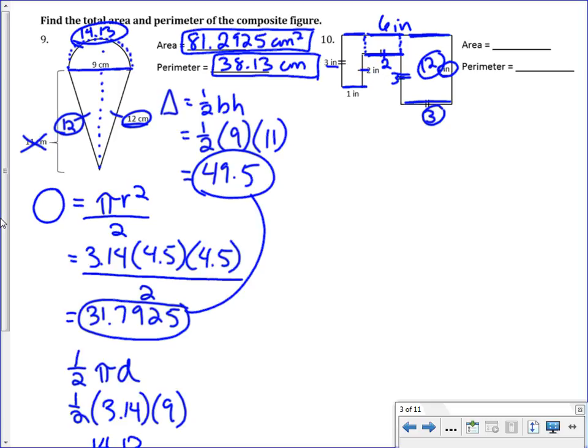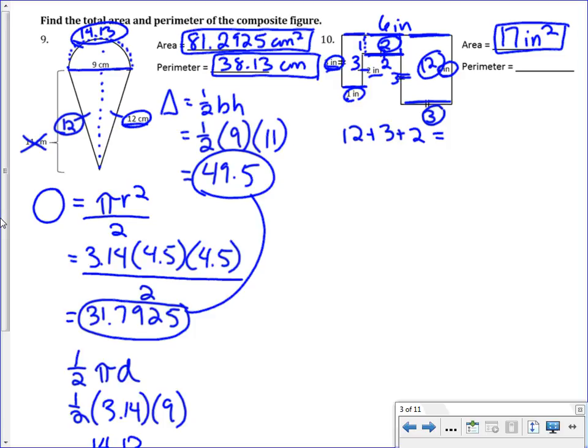So if this is 2 inches, and this is 3 inches over here, that makes this part over here just 1 inch. So 1 times 2 makes this 2 inches squared for the rectangle there. And then this is 1 times 3. That makes that 3. So when I add those up, I have 12 plus 3 plus 2. And that's going to give me 17 inches squared for my area. Perimeter now.